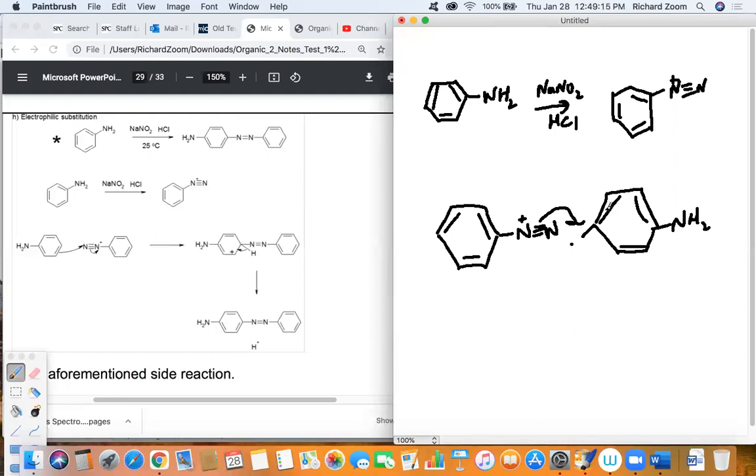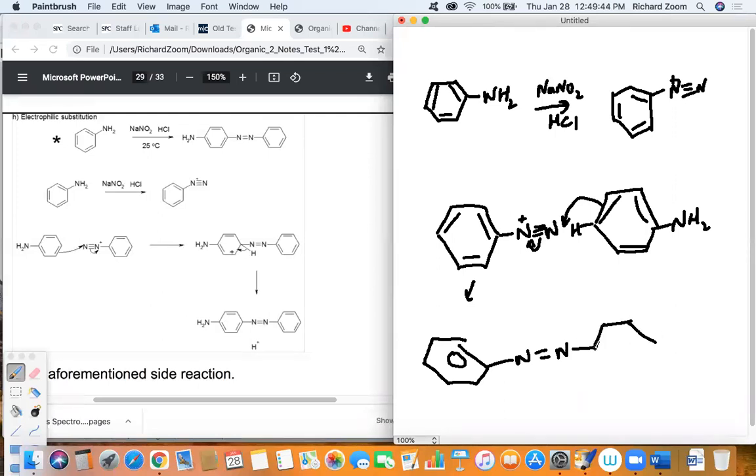Actually, I got the arrows wrong there. And that's how we're getting the joined ring systems that I've got here. Actually, let me take that out there.